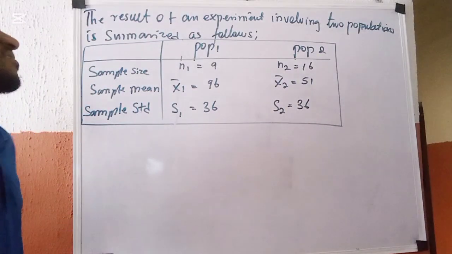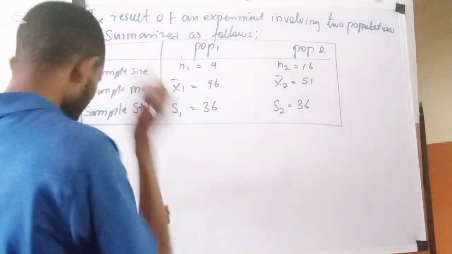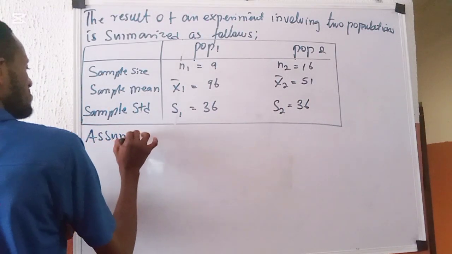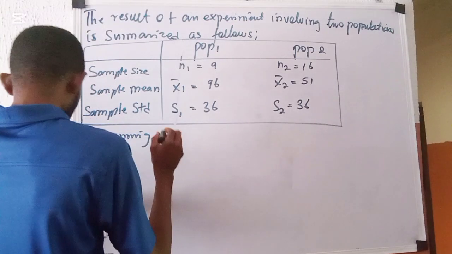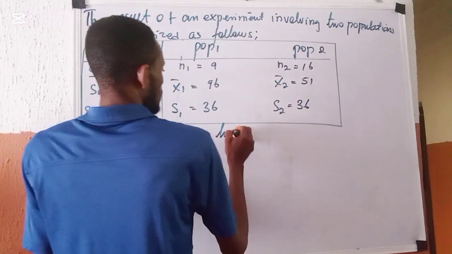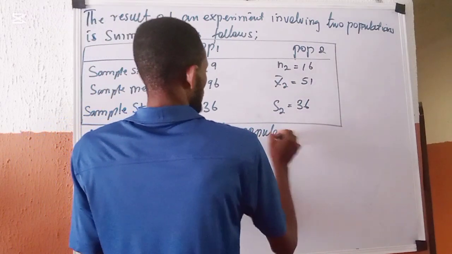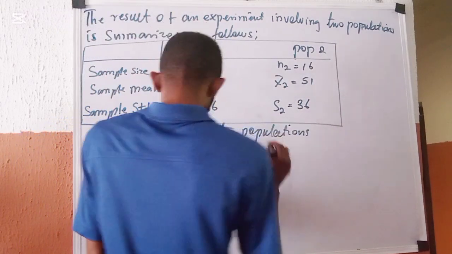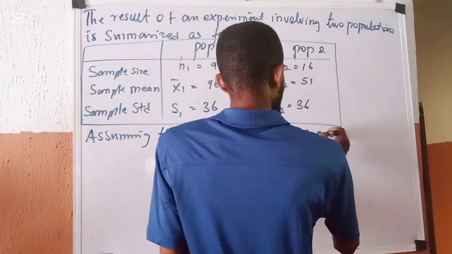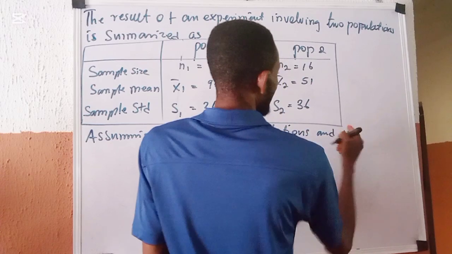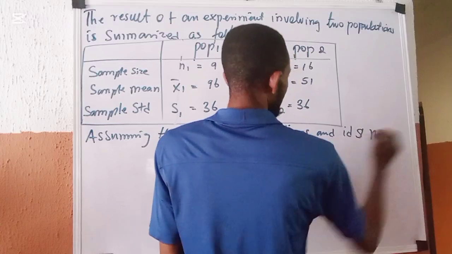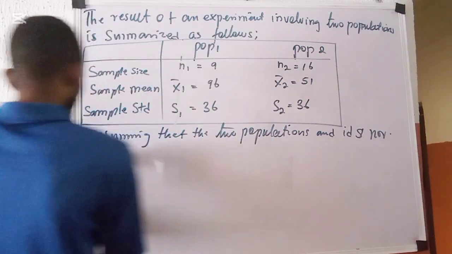Okay? And then the question they ask is this. Assuming that the two populations are independent, permit me to write ID here to mean independent, and normally distributed.